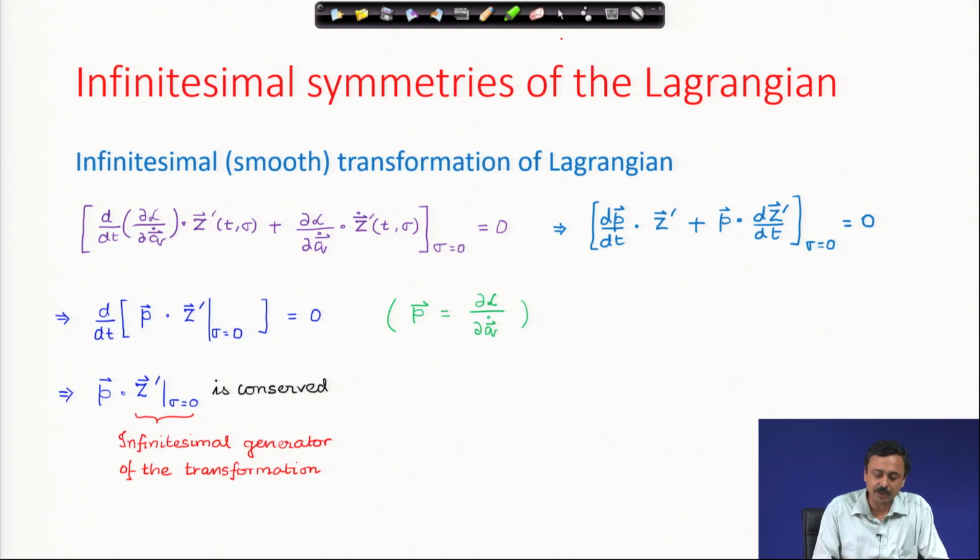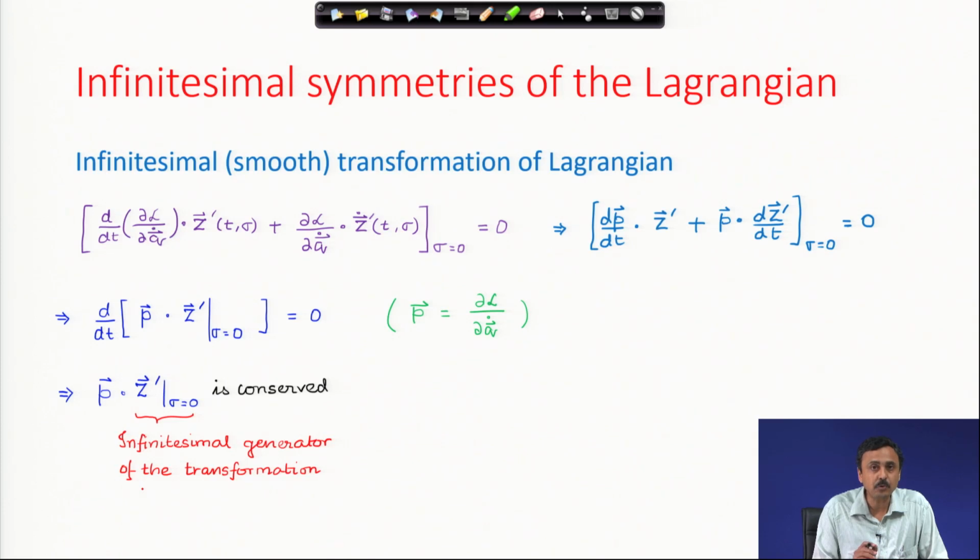Why do we call this a symmetry transformation? Because under this coordinate transformation from q to z, we find that the Lagrangian does not depend on sigma, at least infinitesimally. d/dsigma of the new Lagrangian L̃ is equal to 0 at sigma equal to 0.